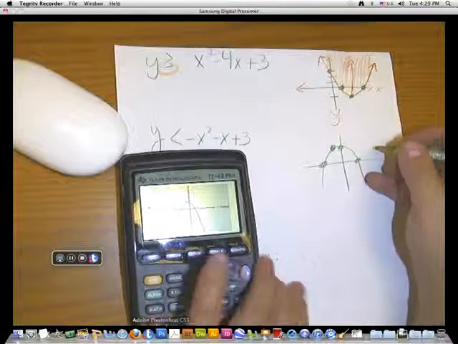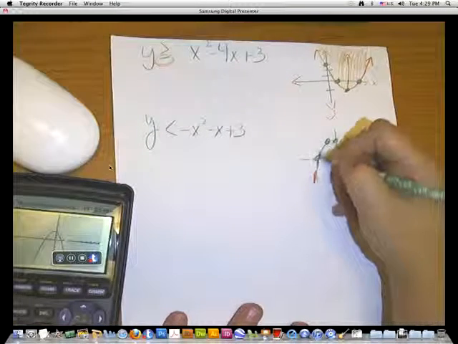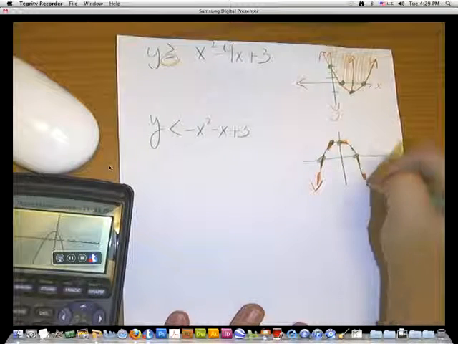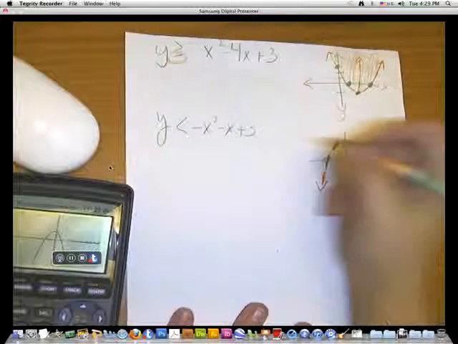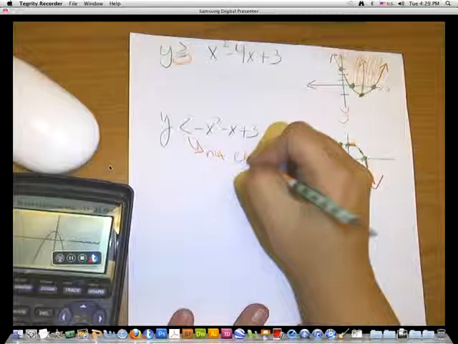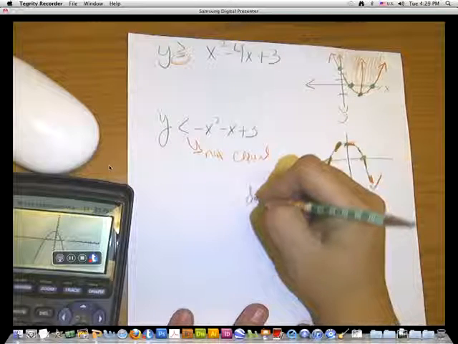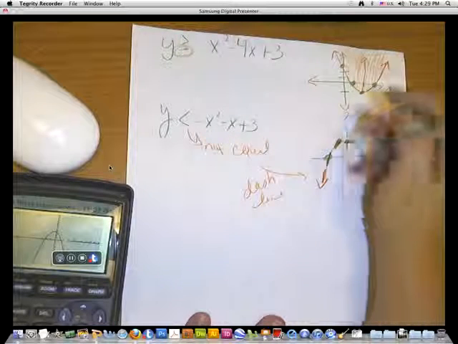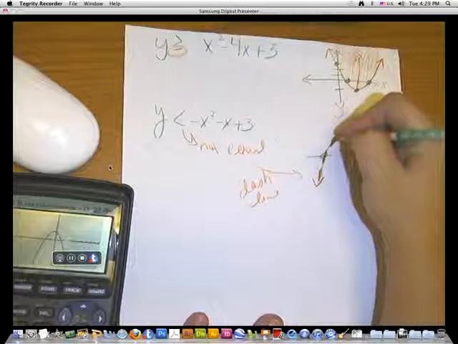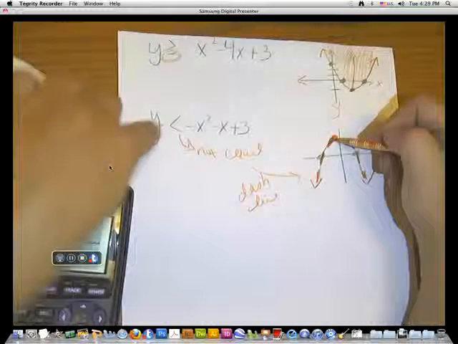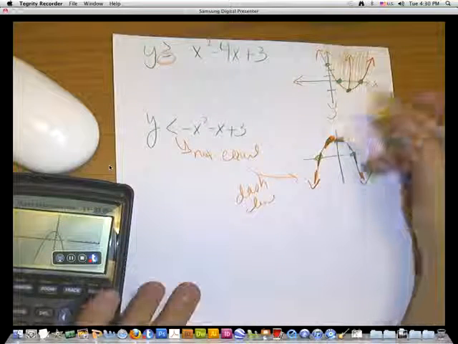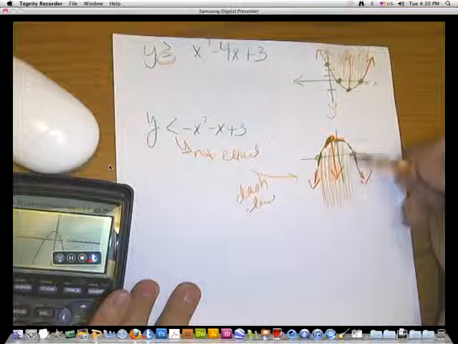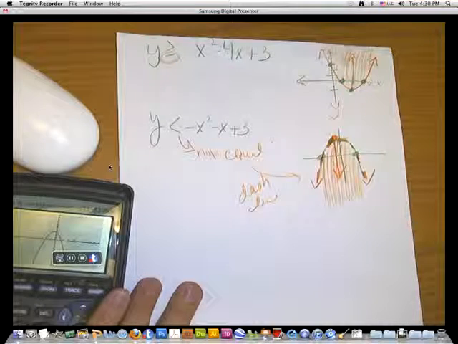I'm going to find what those are, and then I'm going to connect them with dashed lines because it's not equal to. Okay. Then on the vertex here, I'm going to put my pencil, and this says I'm going to be less. Less means below. So when I shade below, I happen to be inside of my parabola.